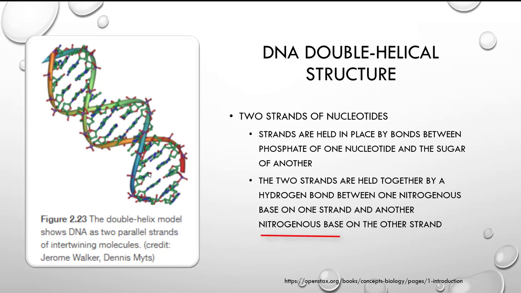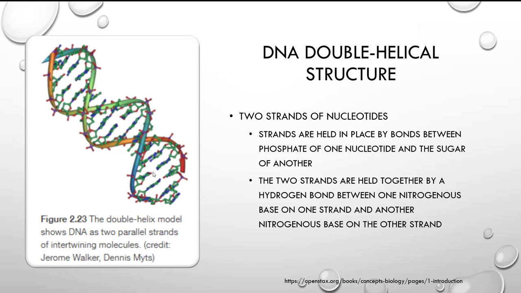So one nitrogenous base of one DNA strand forms a hydrogen bond with a nearby nitrogenous base of the opposite strand. Okay, so there's a hydrogen bond that holds them together.